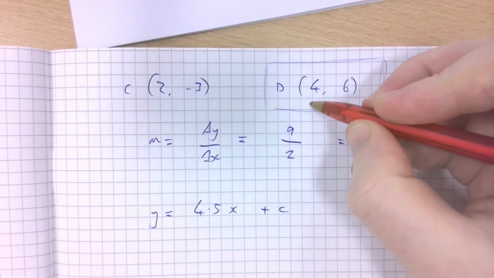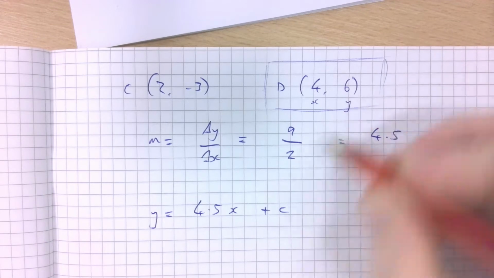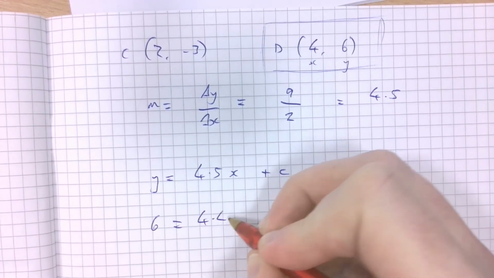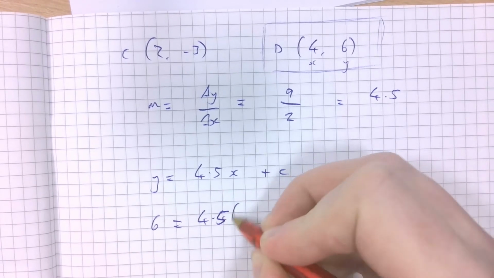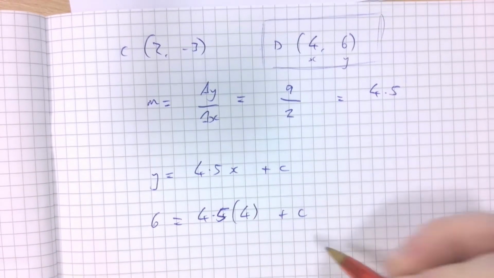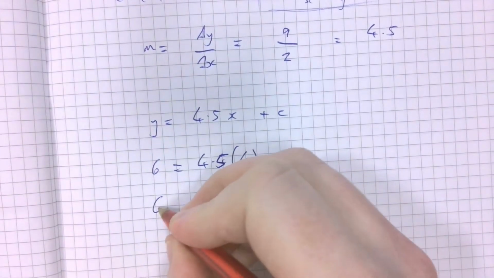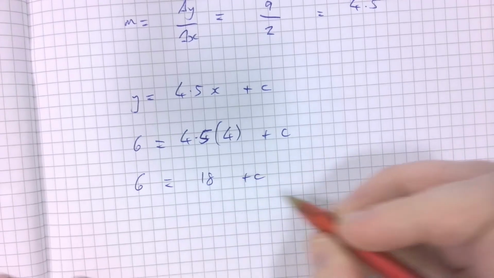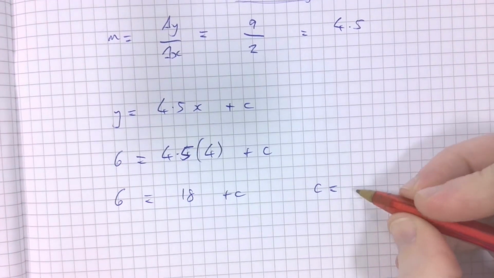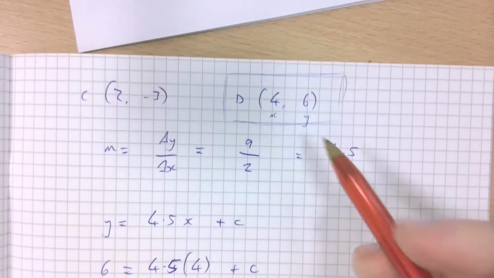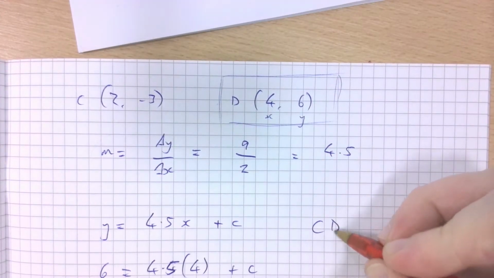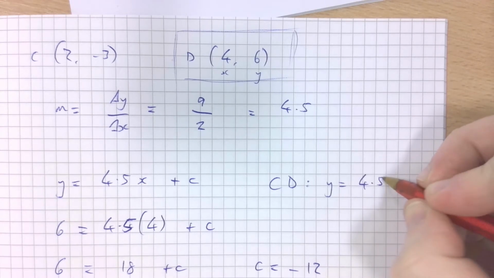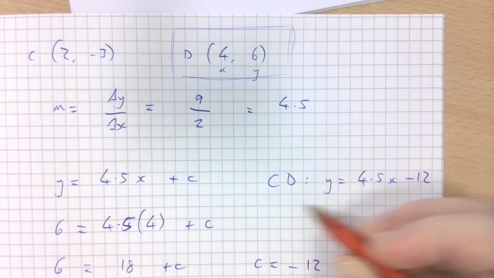So, remembering that 4 is the x value and 6 is the y value, let's substitute them in. y becomes 6, x becomes 4. 4.5 times 4 is 18. So, by taking away 18 from both sides, we work out that c is -12, meaning that the equation of the line CD is y equals 4.5x minus 12.